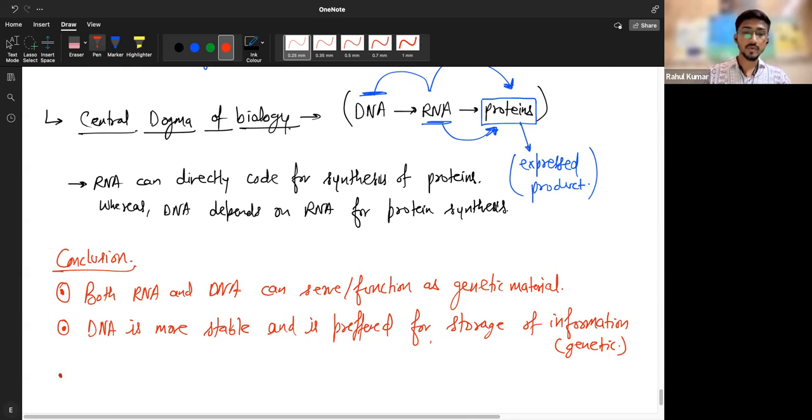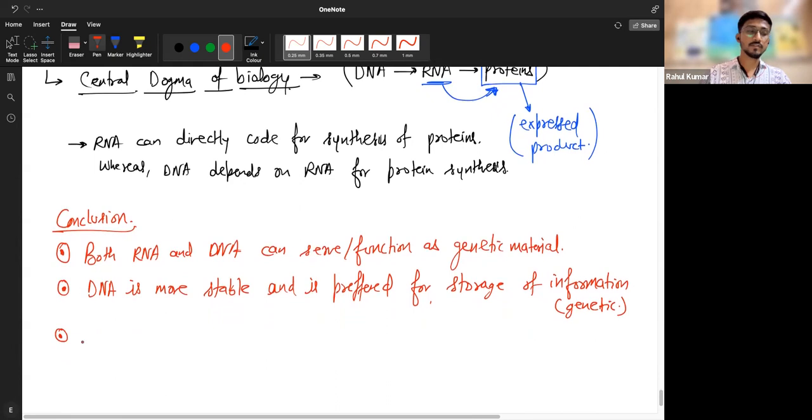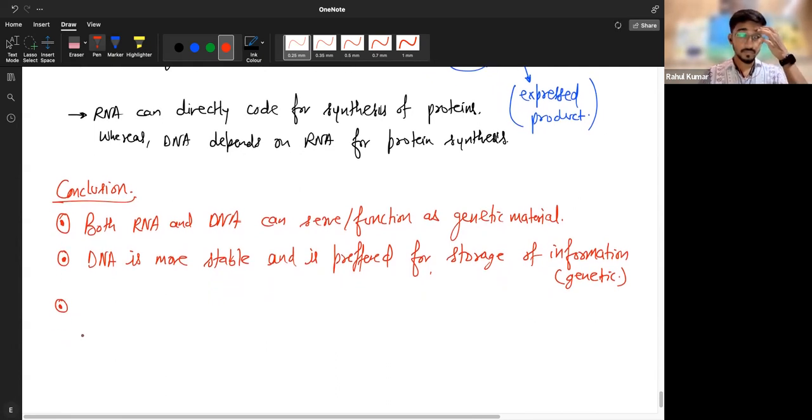But there is also one advantage with RNA. What is the advantage of RNA? RNA is better for transmission of the genetic information. Correct? Transmission to the next generation, right?